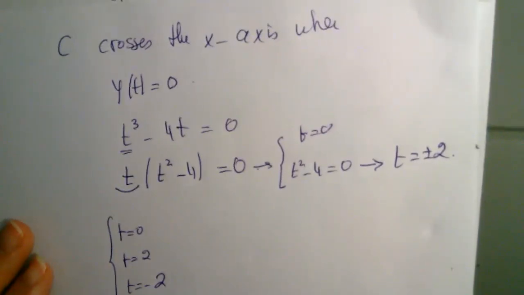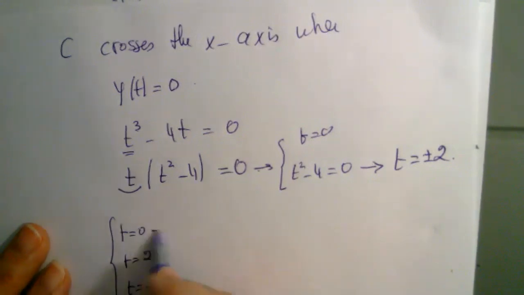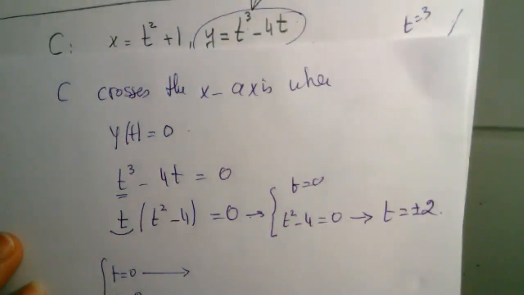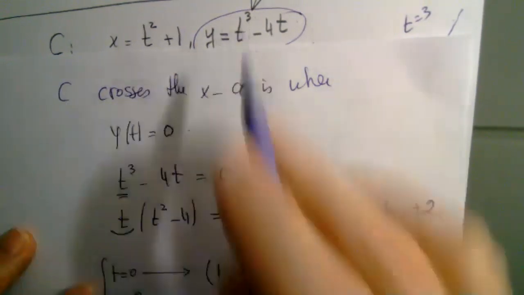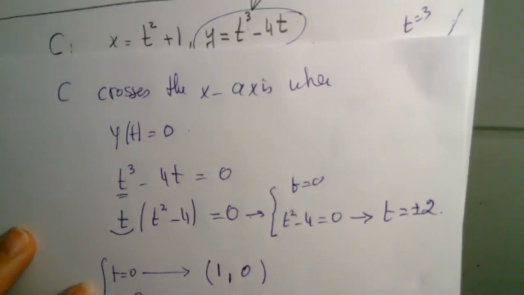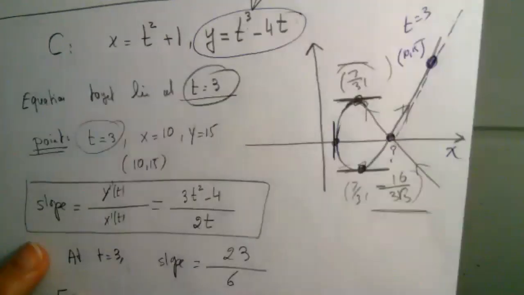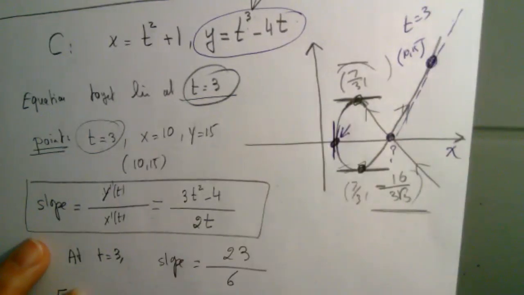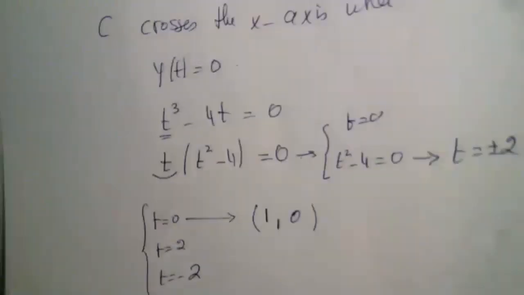Now at what point? We have to find the point. To find the points, I go back and substitute into the expression of the curve. At t equal to 0, my x is 1 and my y is 0. So that's the first point. Now, what's the other point?